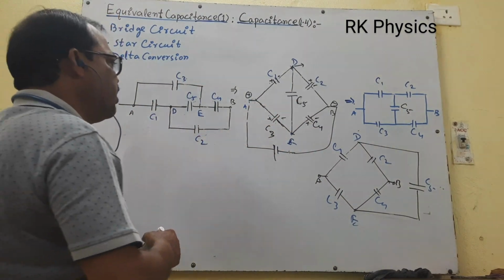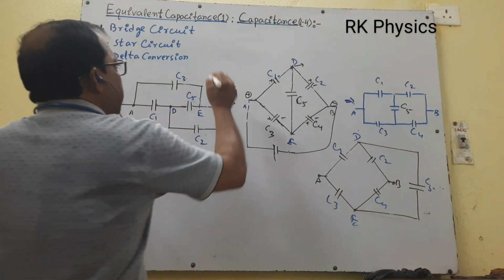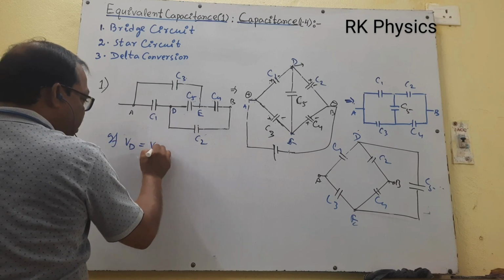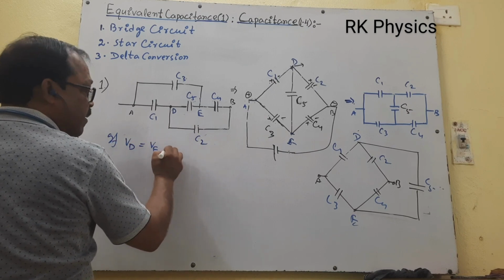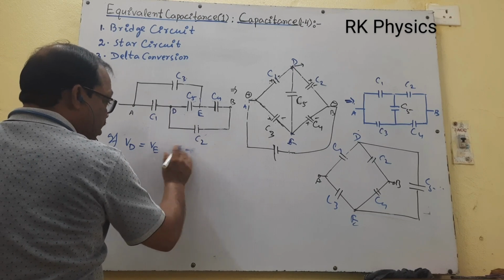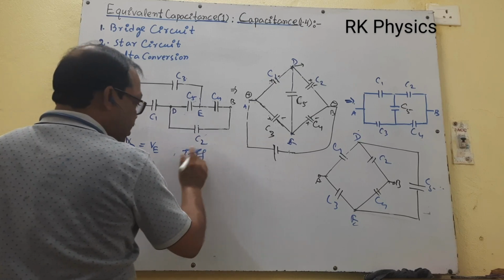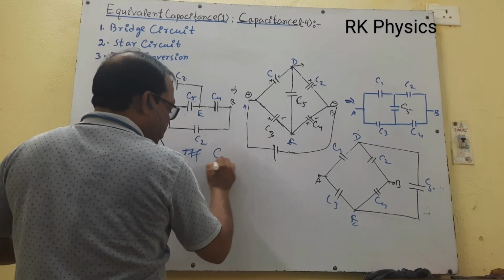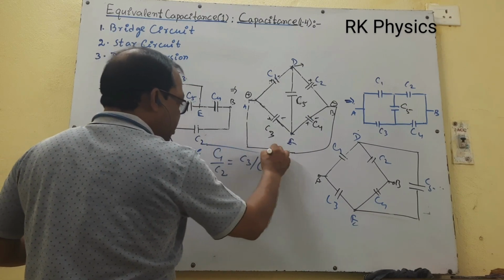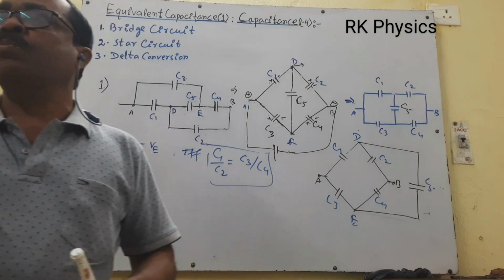But at D and E, potential may not be 0. But the potential at D can be exactly equal to the potential at E. This is possible, Vd equal to Ve, if C1 by C2 equals C3 divided by C4, and this is called the condition of a balanced bridge.